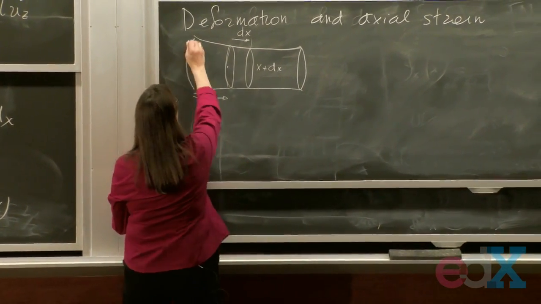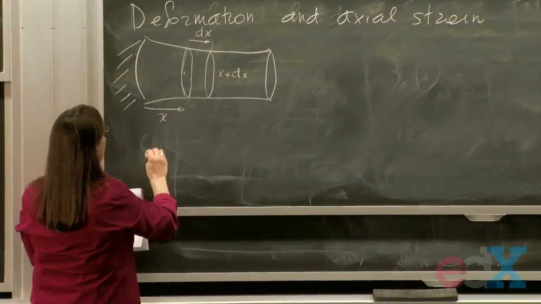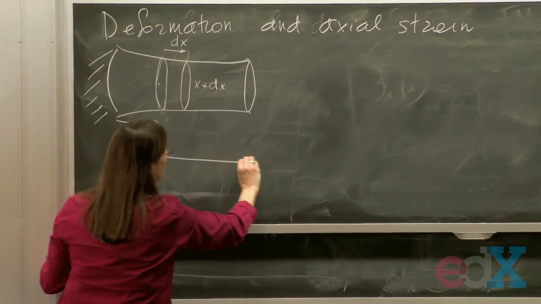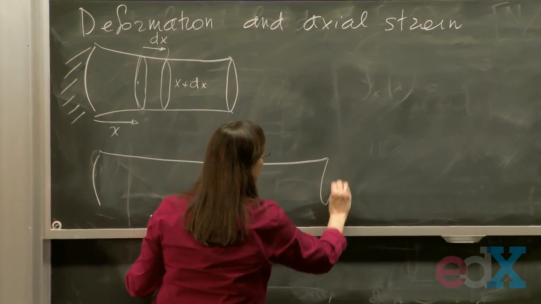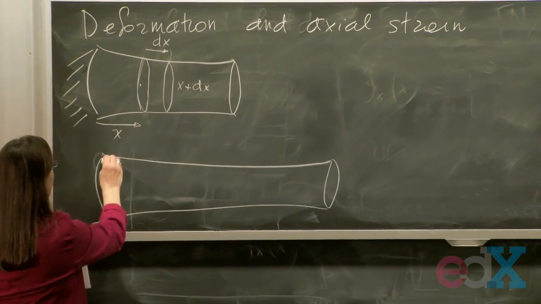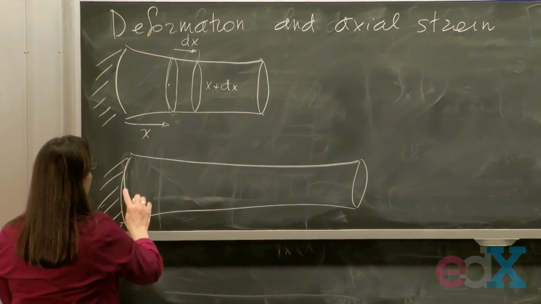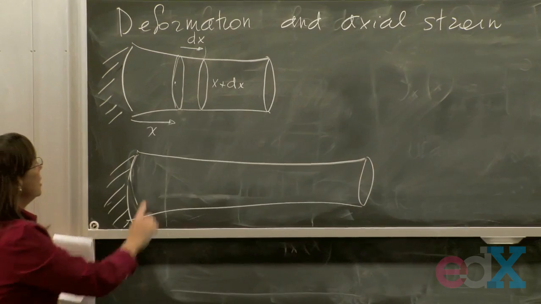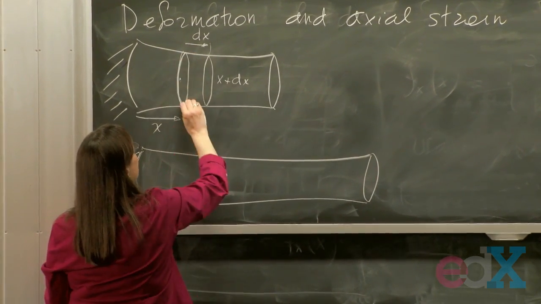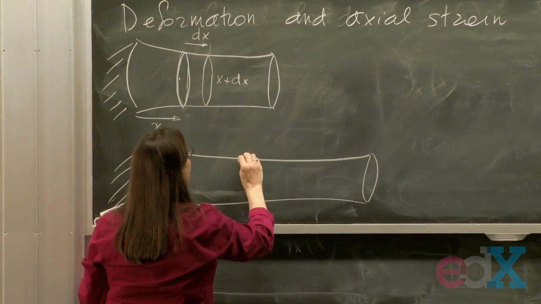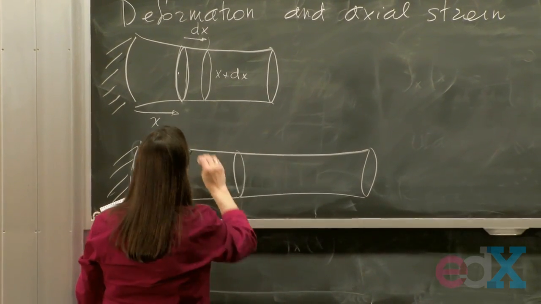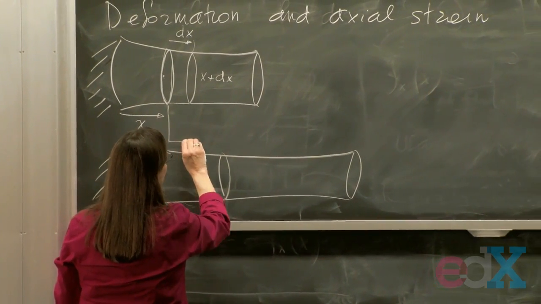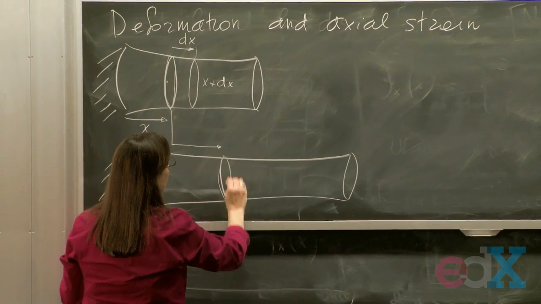Okay? That's the bar, and it's attached here to the wall. Now I go and I apply load, and my bar changes shape, becomes longer in this case. And this section here, the first section that was at x, now is someplace here. So this moved up to here.